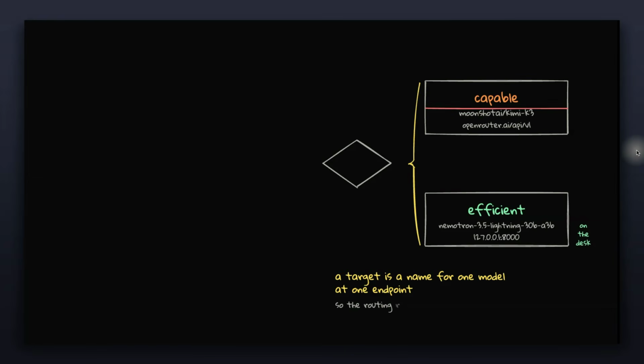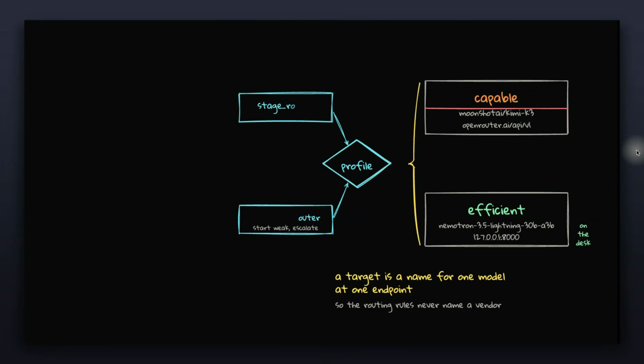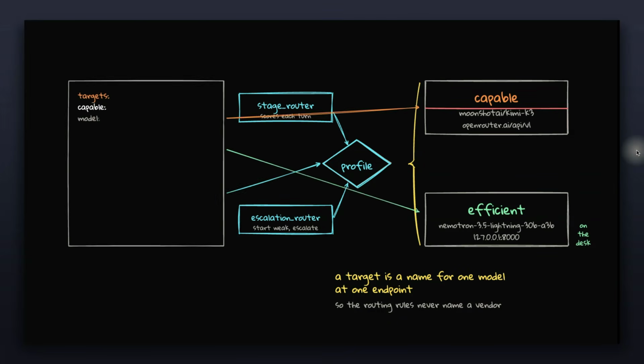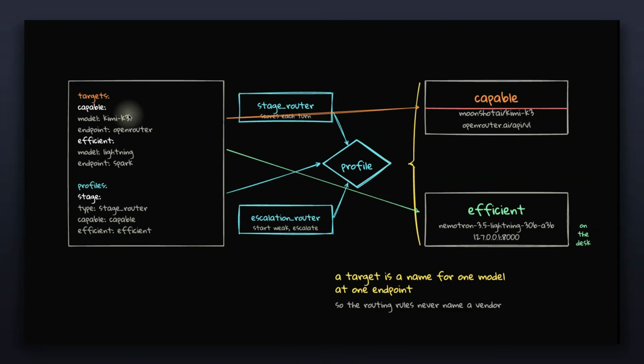In the rest of the video, I'll show you how to set up your own routing layer completely locally. Say we want to use Kimi K3 as the capable model, and then a more efficient local model as Nemotron 3.5 Lightning. Now, in Switchyard, there are different primitives that you will need to set. So the first one is profile, whether it's a stage router or escalation router. Then you need to set targets where you can have multiple different models.